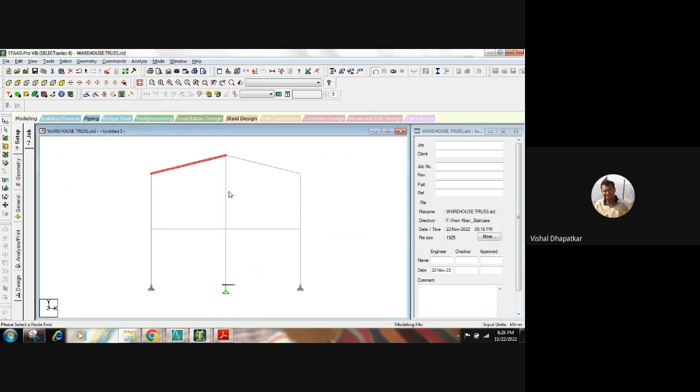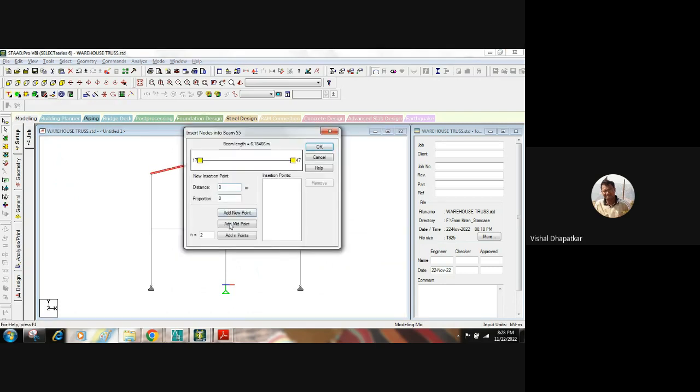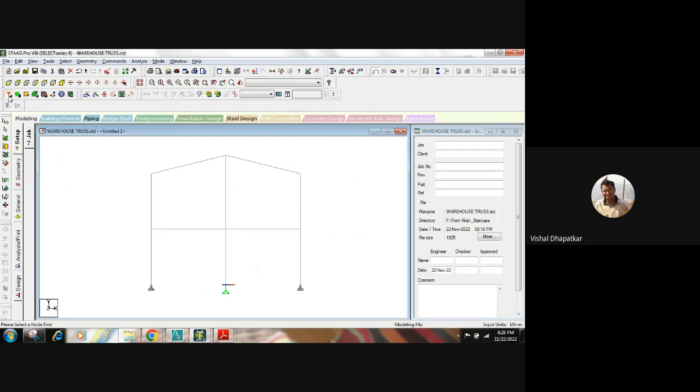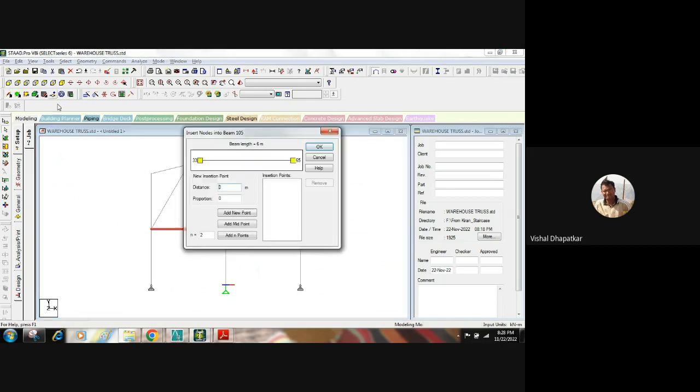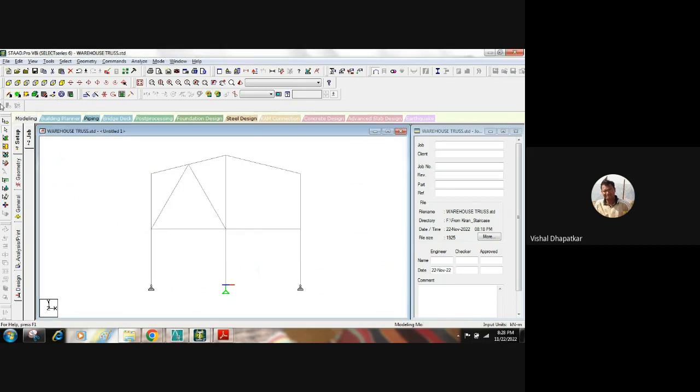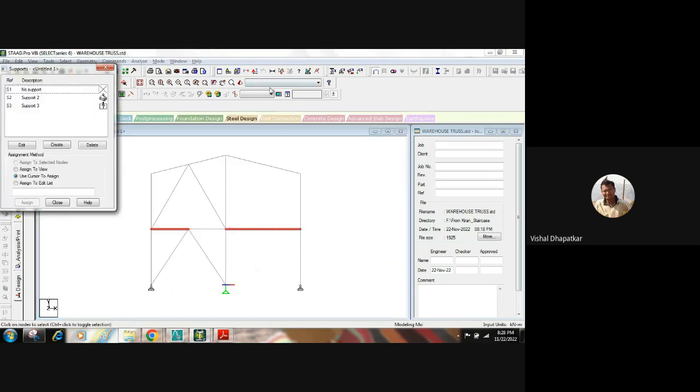And we'll add a bracing here on one bay only. So again, bracing is added. This member can be released.